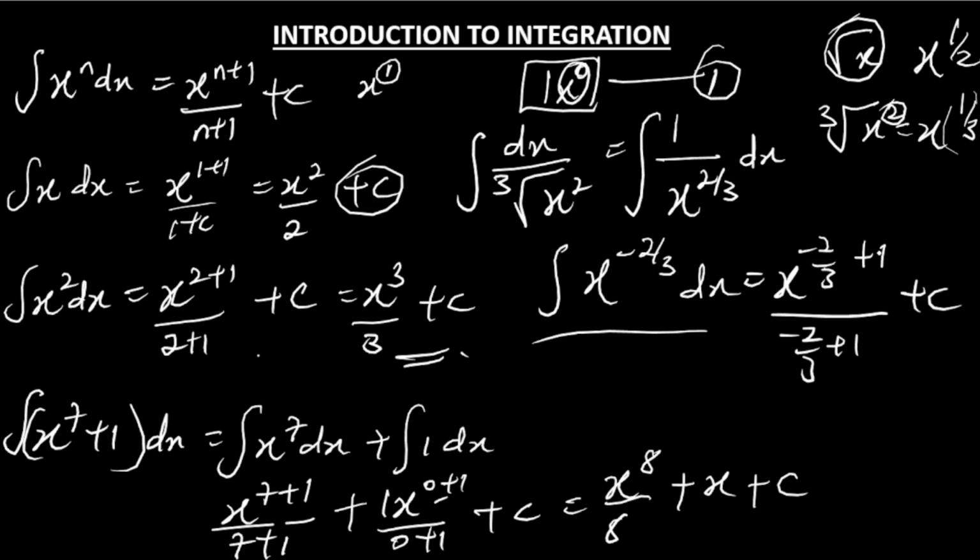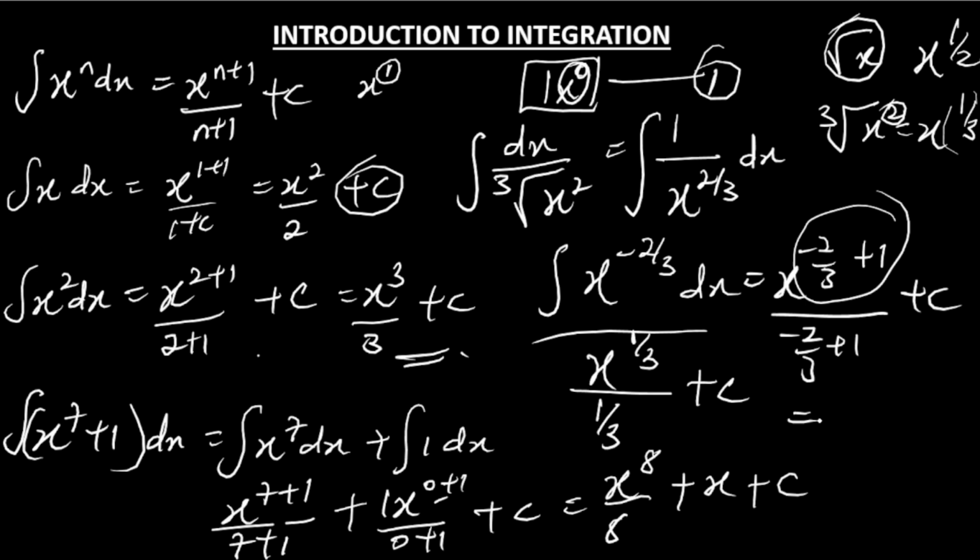Now looking at this power, when you simplify it, you'll have x raised to the power of 1 over 3, divided by 1 over 3, plus c. Looking at this denominator, let me say we can have it to be x raised to the power of 1 divided by 3.